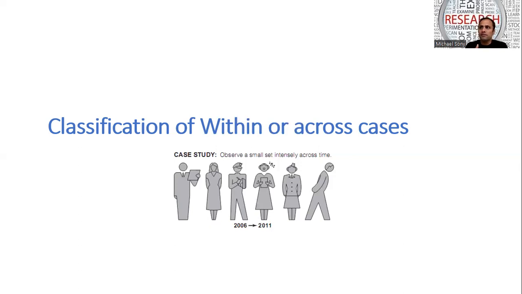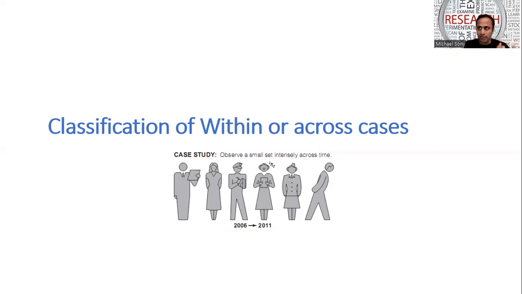Then we analyze it within the case, various aspects. If it is across the cases, we take up similar individuals who are indulging in workplace sexual harassment of colleagues, and then try to understand the similarity or dissimilarity in characteristics by studying across the units.